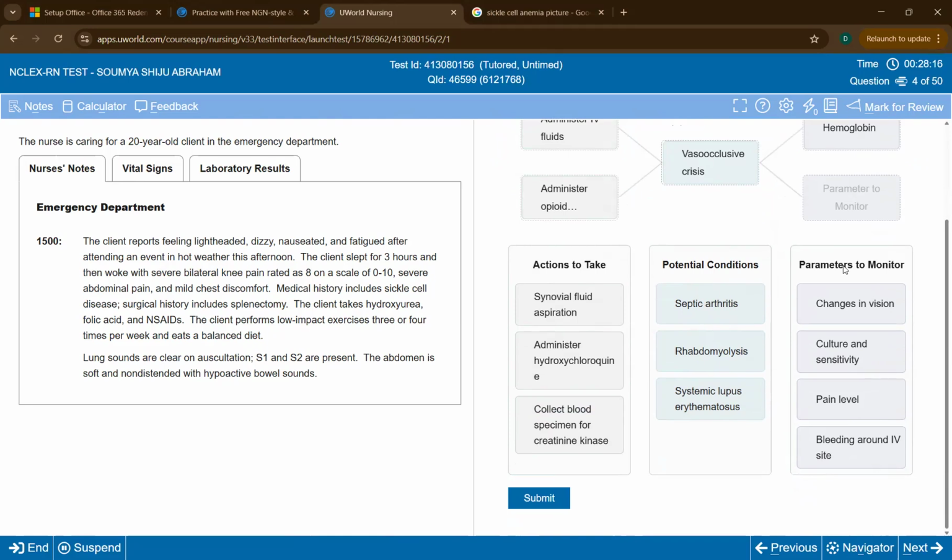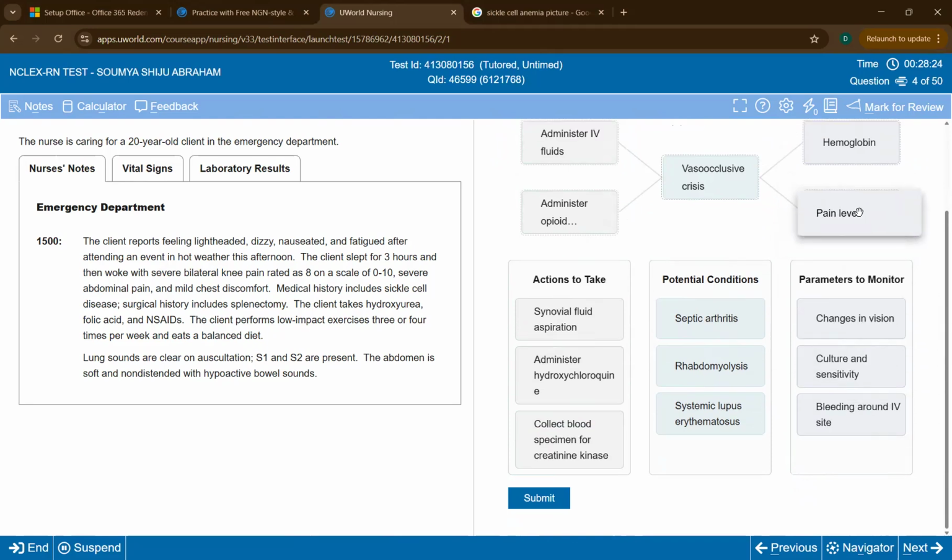Yes, of course. The client is already experiencing 8 out of 10. We have administered opioid analgesics, and after that we have to assess whether the pain is controlled and the client got relief from the pain. Last one, bleeding around the IV site is not mandatory. That is not the priority need here.